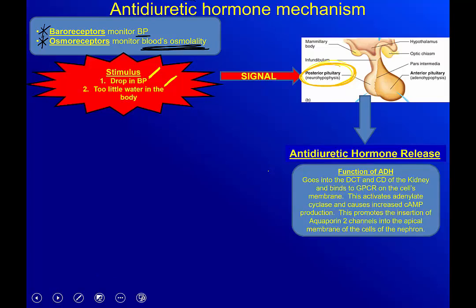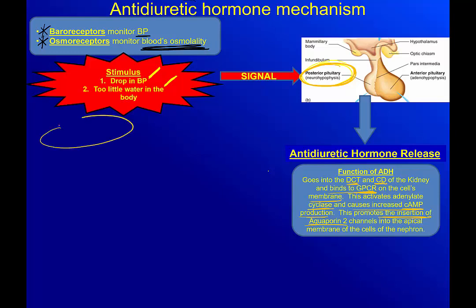Function. It goes to the distal convoluted tubule and the collecting duct and binds to a GPCR, a G protein coupled receptor in the cell's membrane. This activates adenylate cyclase, which causes an increase in cyclic AMP production. That promotes the insertion of aquaporin 2 channels into the apical membrane of the cells.